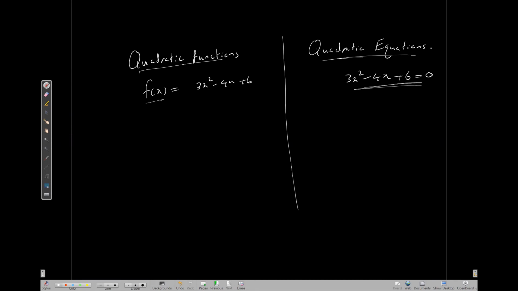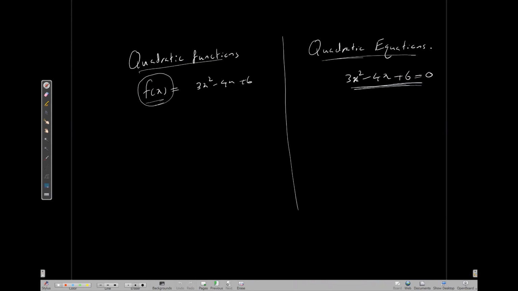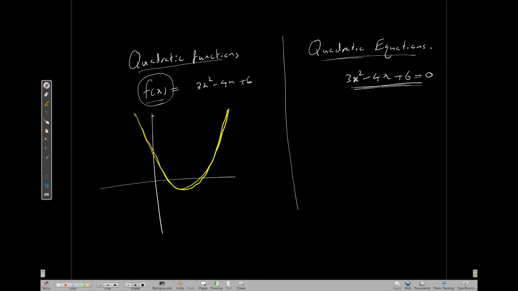Now what's the difference between these two? Well, this is a function. When you apply x values, you keep getting different y values. Here you don't have that; one side is 0. So if you carefully observe, let's assume the quadratic function graph looks like this. I don't know what shape, but for the time being, let's just assume.